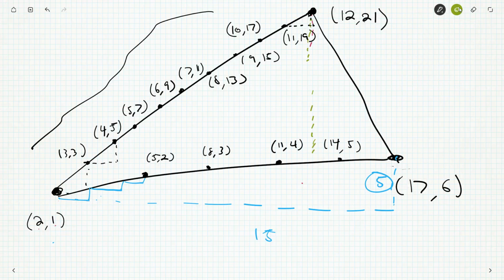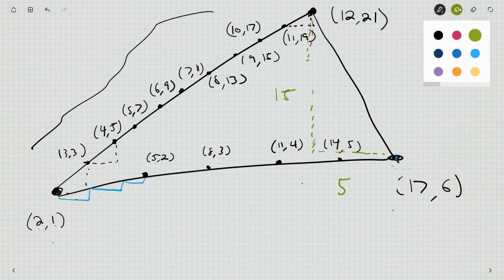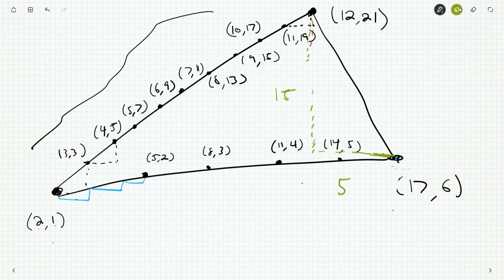Between (17, 6) and (12, 21), what are we to do there? The exact same sort of work will do just fine. To go from 12 to 17, we go over by 5. To go from 6 up to 21, we go up by 15. So now we go back by 1 and up by 3.